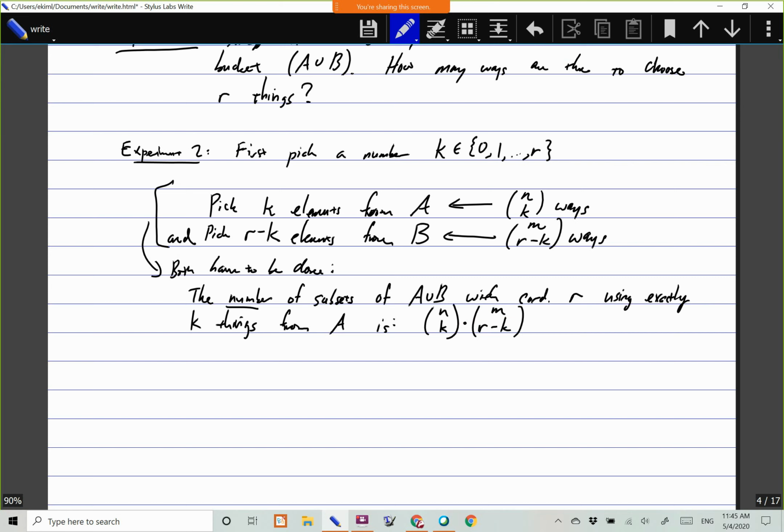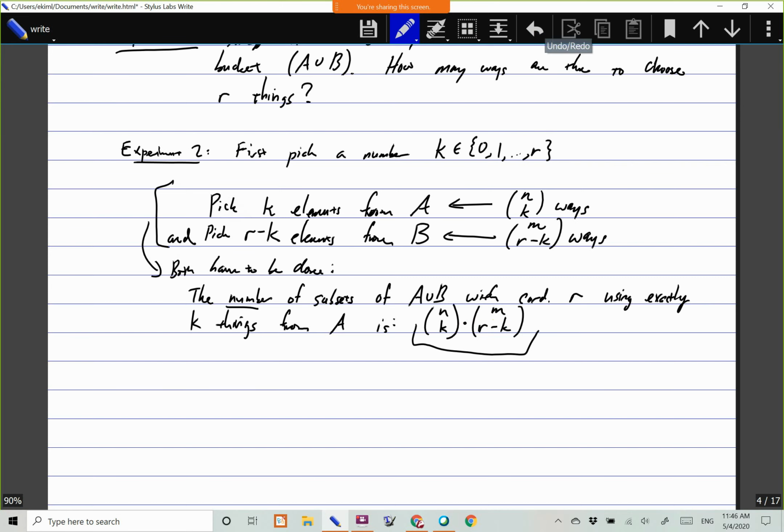However, this expression, this product of these two binomial coefficients, just expresses how many subsets of appropriate size there are for a fixed k. But the number of things taken from A does not have to be fixed to be whatever we said k was earlier. It doesn't have to be k is 2, or k is 3.